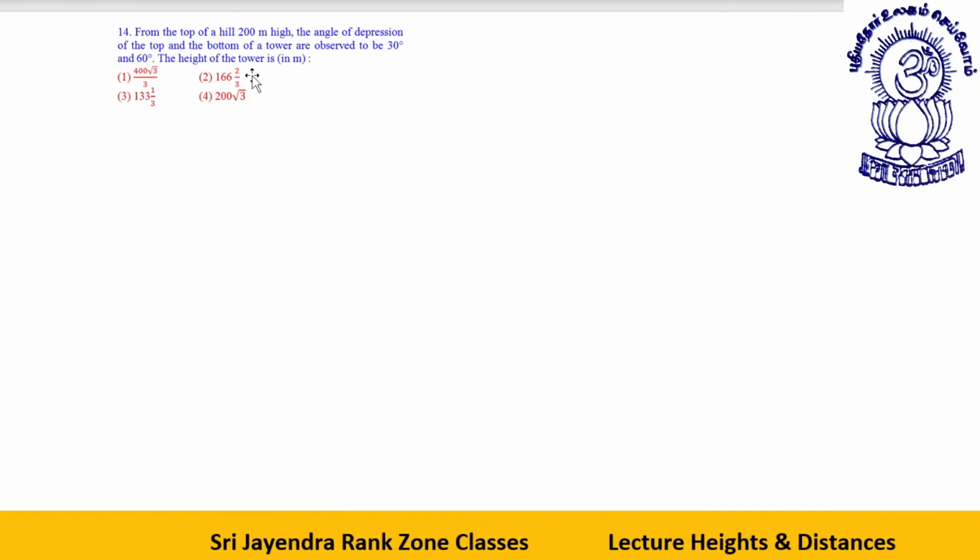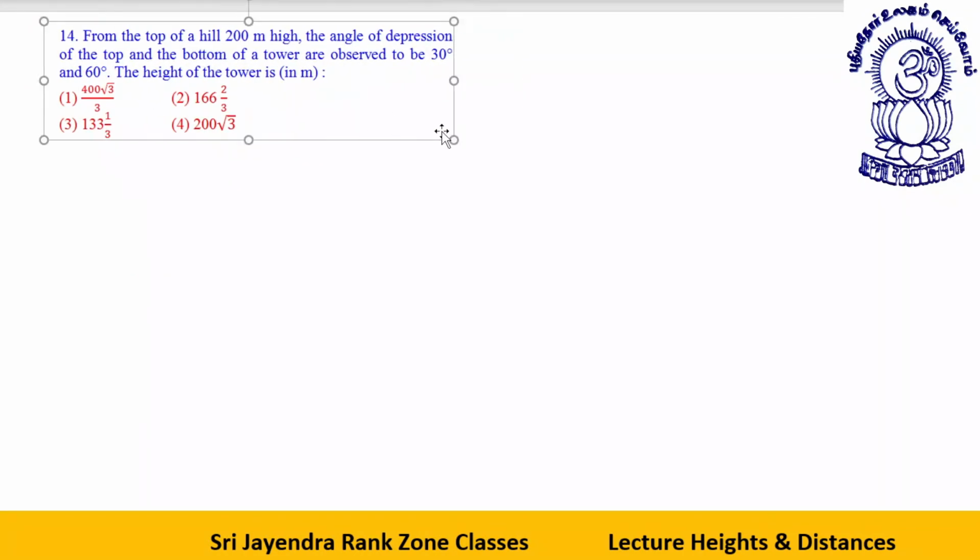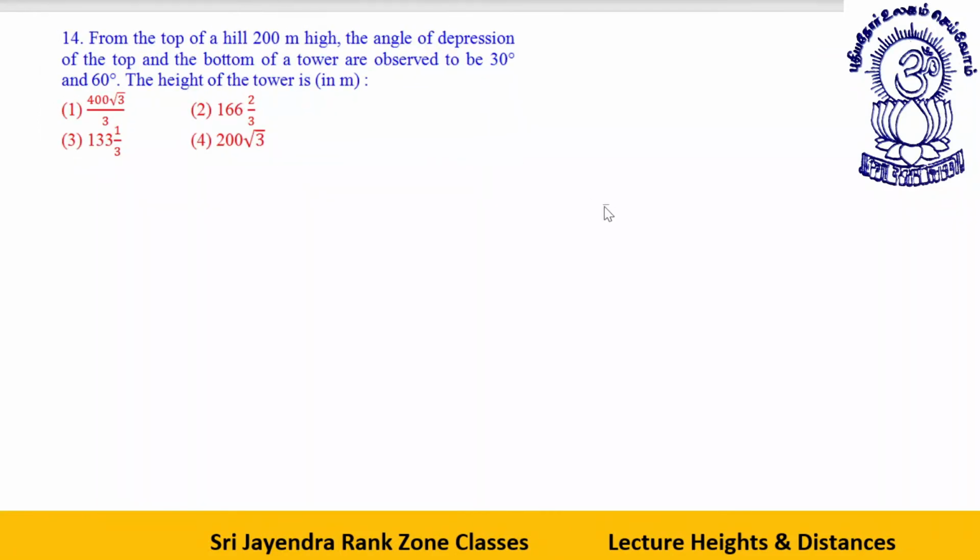The next question is: from the top of a hill 200-meter high. Let's say this is a hill 200-meter high. The angle of depression of the top and bottom of a tower are observed to be 30 and 60.